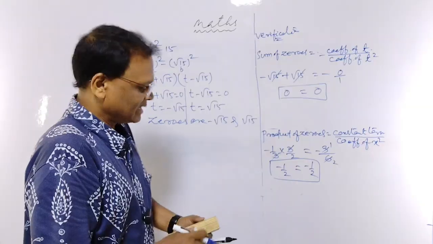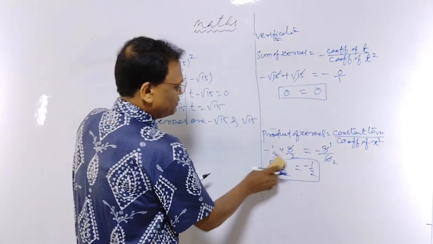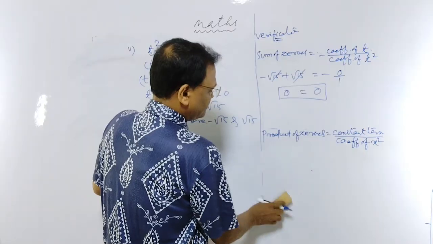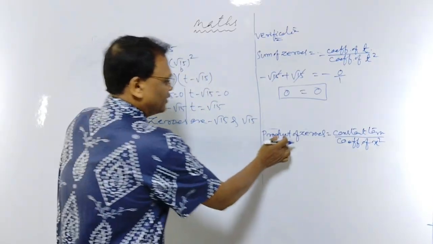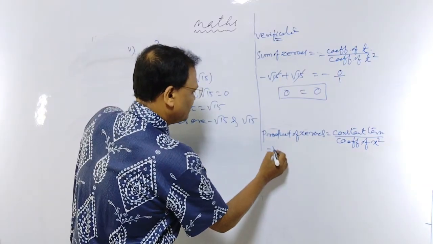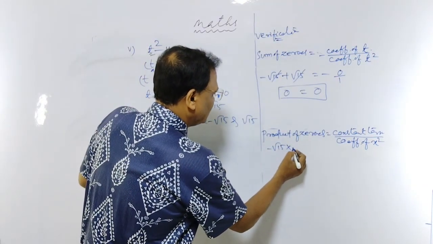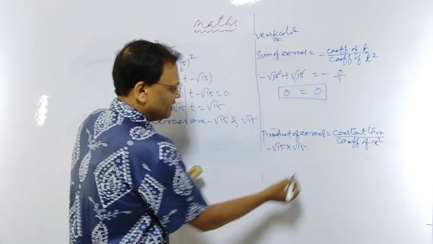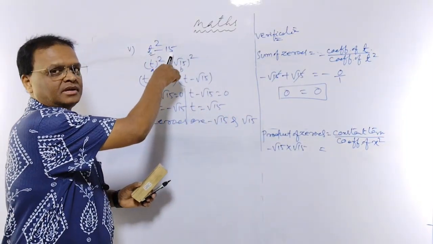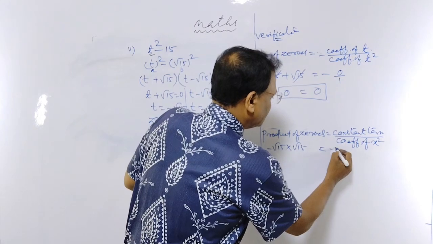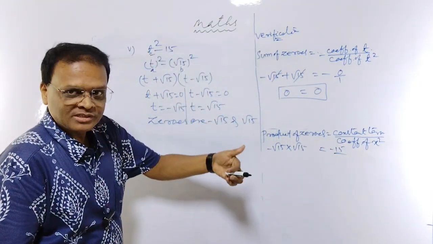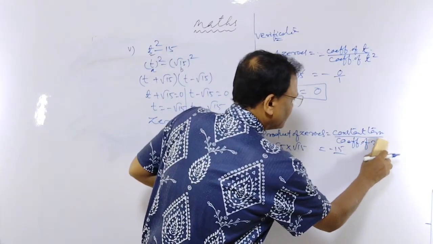Verified? Okay. Now the second part, which is in terms of product of the zeros. What are my two zeros? My two zeros are minus root 15 into root 15, which is equal to constant term, the constant term is minus 15, divided by coefficient of t square.